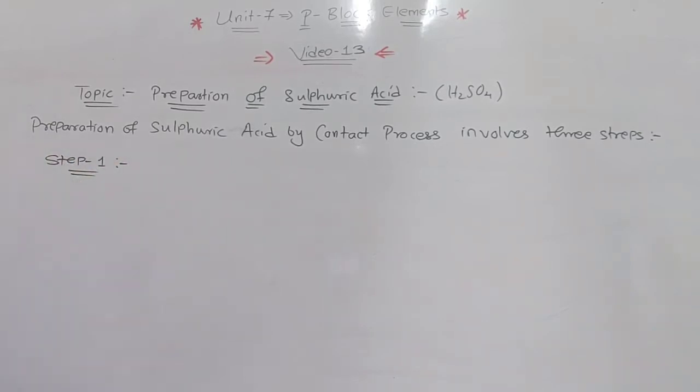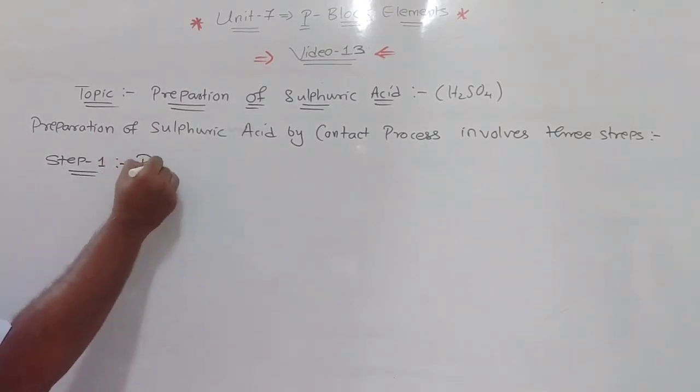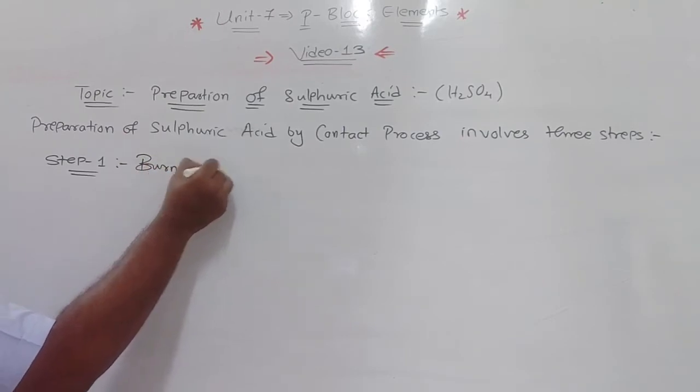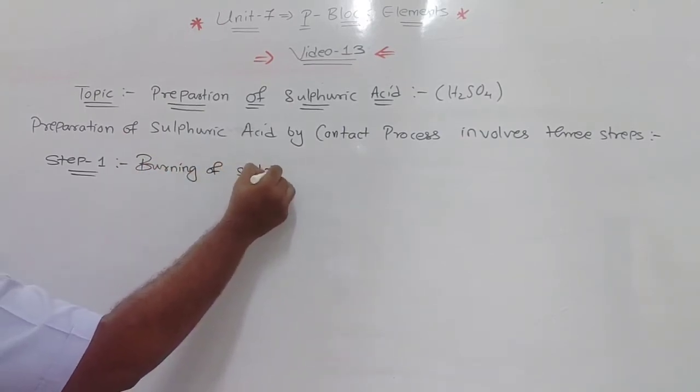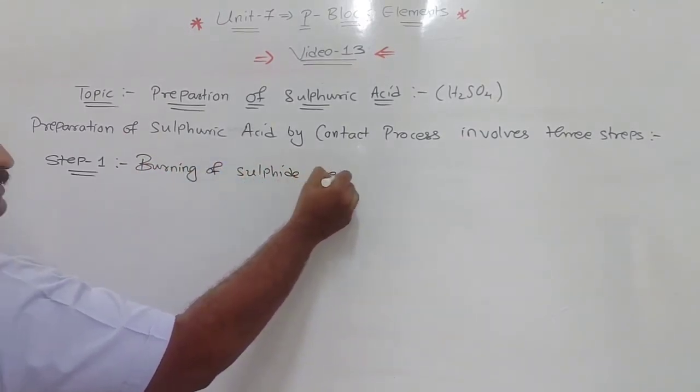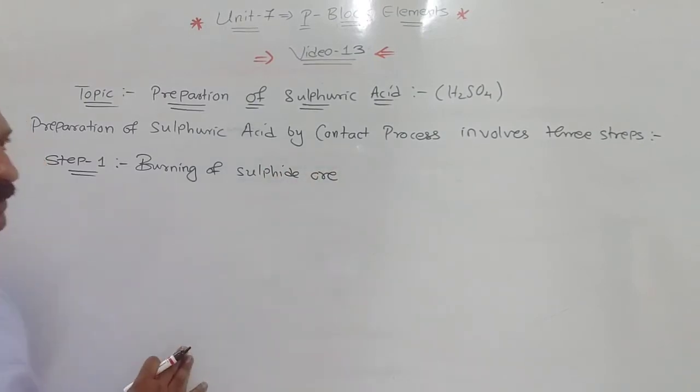Now in this, when we say step 1, it is the burning of sulfide ore in air. There is copper sulfide or like that, many sulfide ores are there.